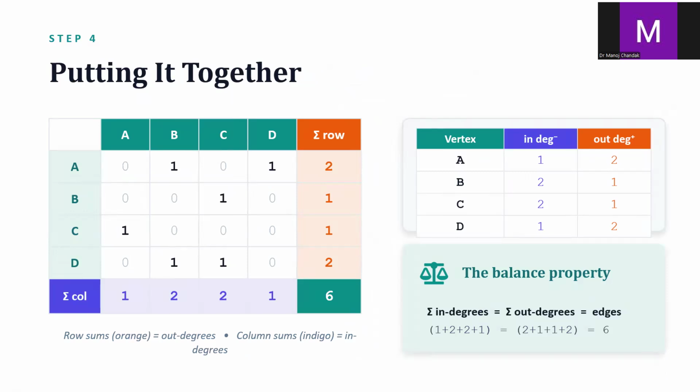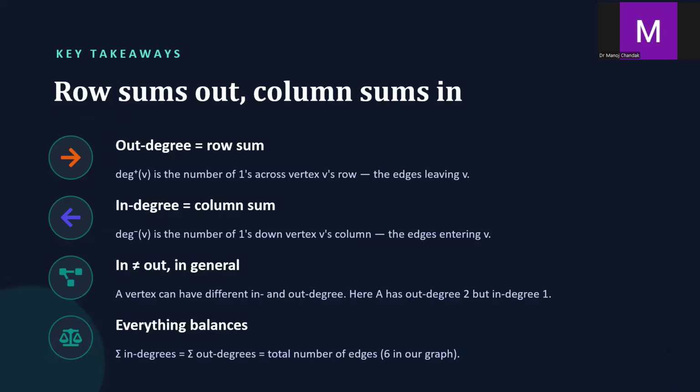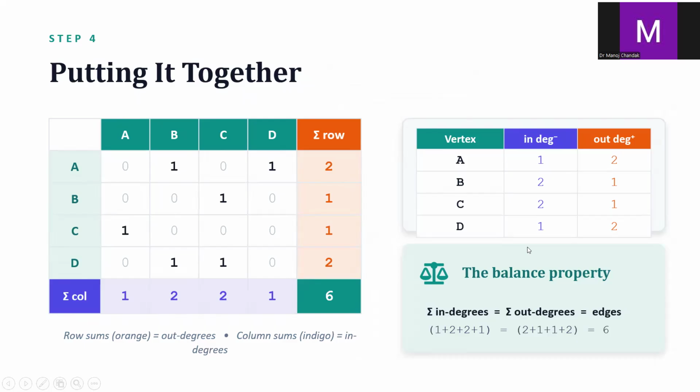But most of the time, the in degree of the graph will be equal to the out degree of the graph, that is 6, and this gives you the dependency of the vertex. So a vertex may have different in degree and out degree, but generally a balanced graph will have the summation of in degree equal to the summation of out degree. Hope you understand this idea.